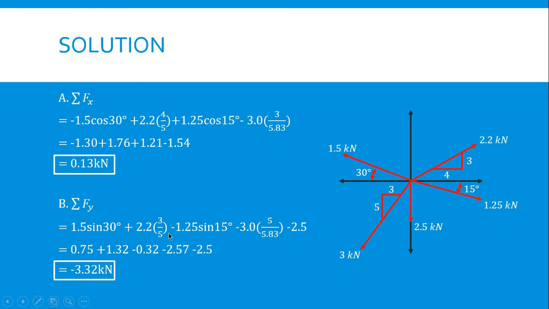Getting the total of this, we will get 0.75 plus 1.32 minus 0.32 minus 2.57 minus 2.5. That will give us a total of negative 3.32 kilonewton.